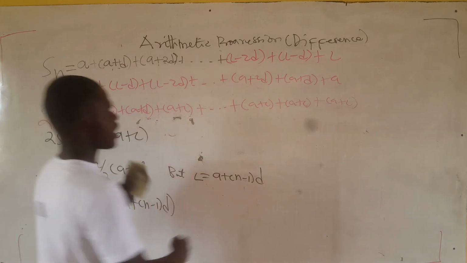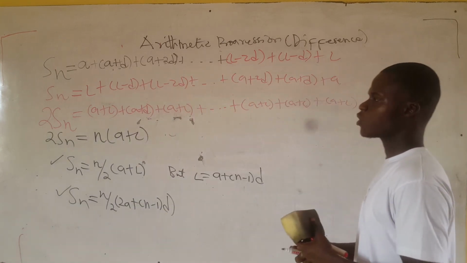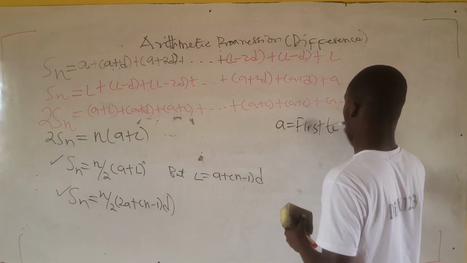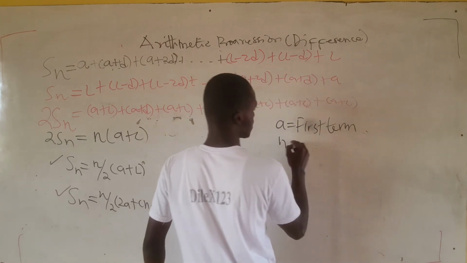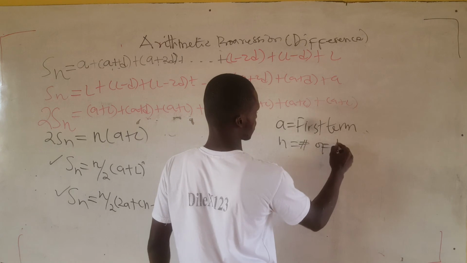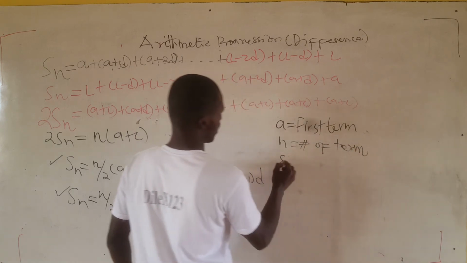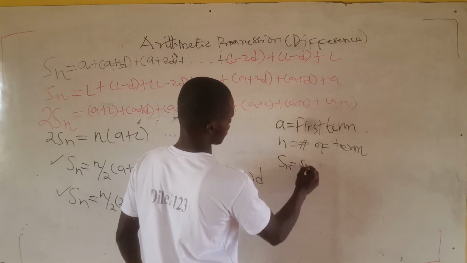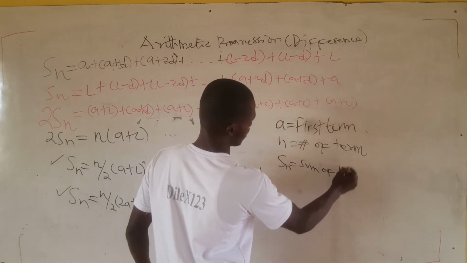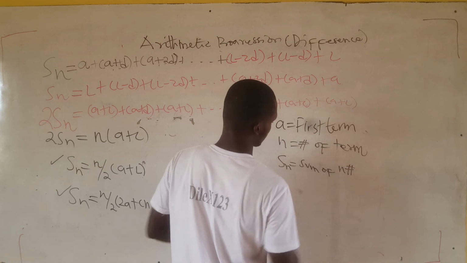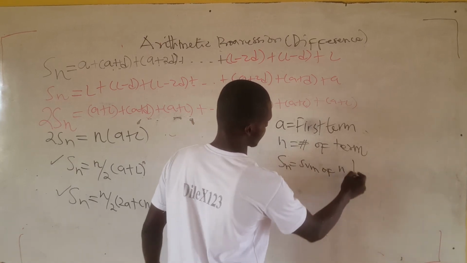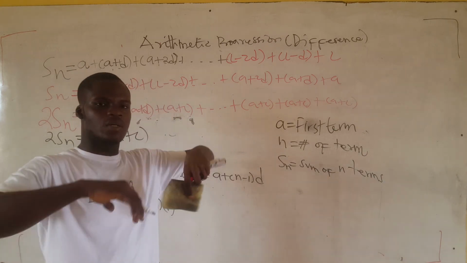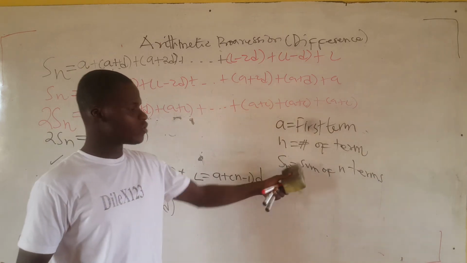So let's define the variables we have here. The a is our first term. The n is the number of terms. The Sn is the sum of n terms, meaning that if you want to add maybe 6 different numbers, then the n will be equal to 6.